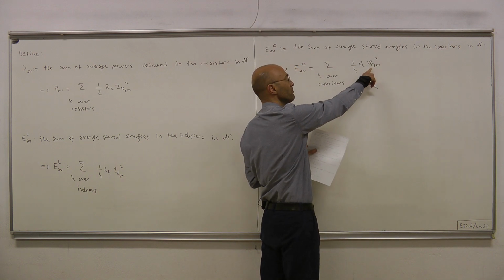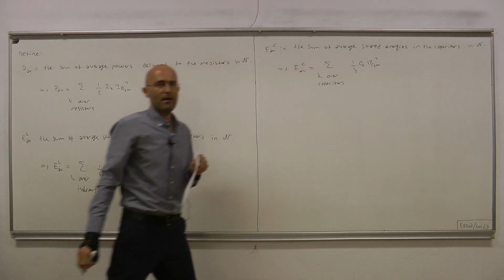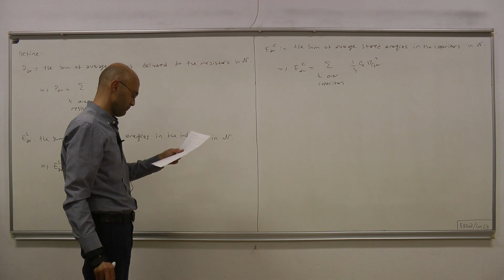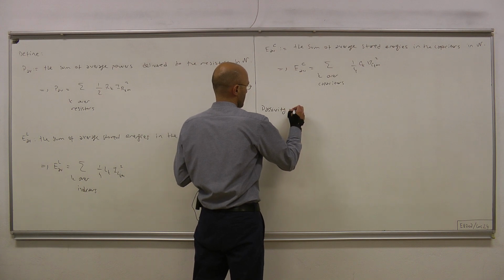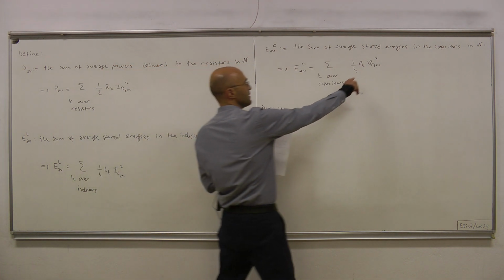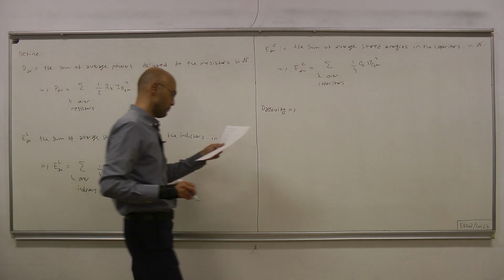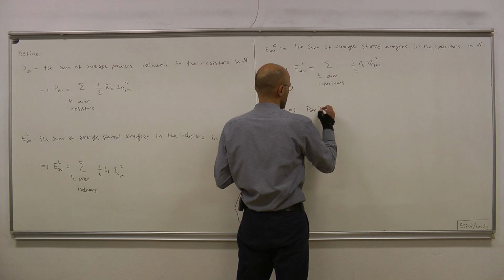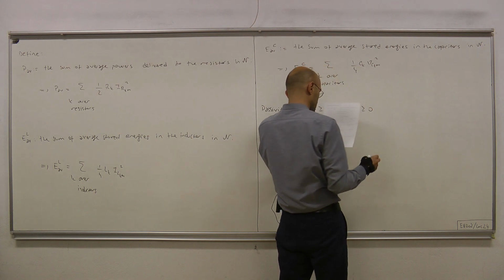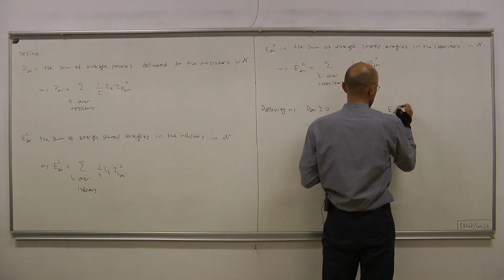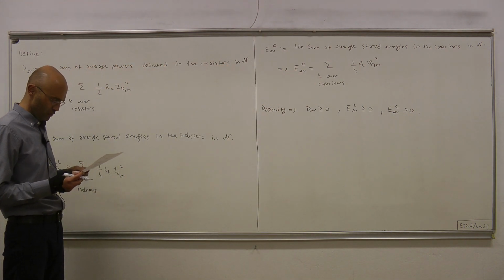This is the magnitude of the voltage of the kth capacitor, and then we're squaring it. And by our passivity assumption, all capacitances, all inductances, and all resistances are positive, so that implies P average cannot be negative, E average L cannot be negative, and likewise E average C has to be non-negative too.